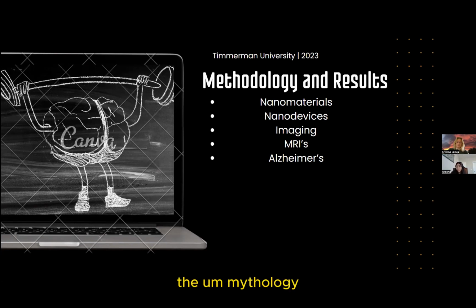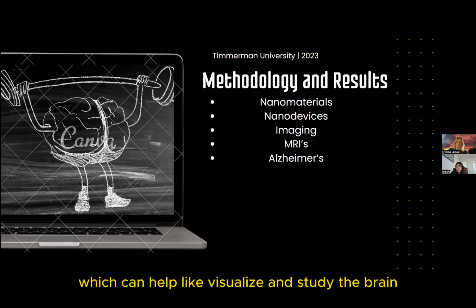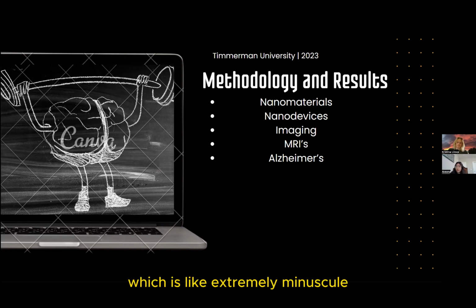The methodology involves using advanced imaging systems such as MRIs, which stands for magnetic resonance imaging, which can help visualize and study the brain at a nanoscale, which is extremely minuscule. And the results of these studies can lead to new insights into the structure and the function of the brain, which can also lead to the development of new treatments for these neurological disorders such as Alzheimer's disease and Parkinson's disease.